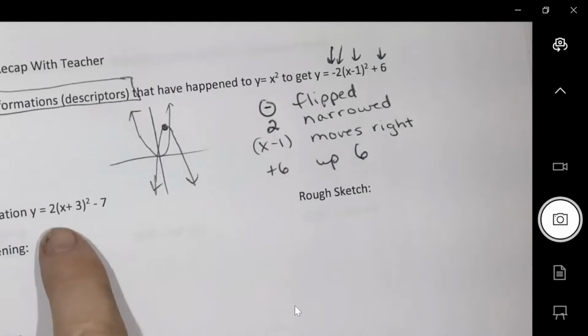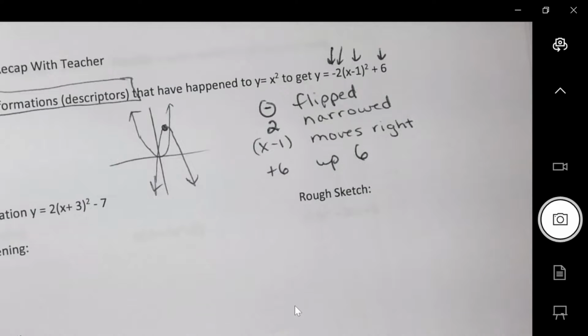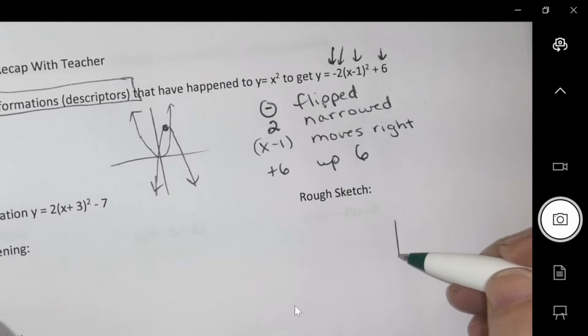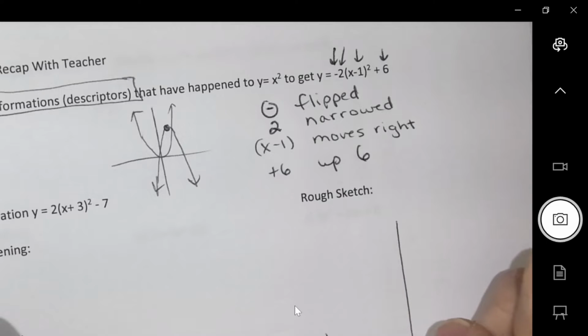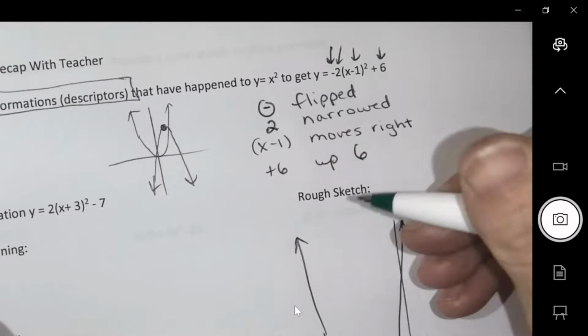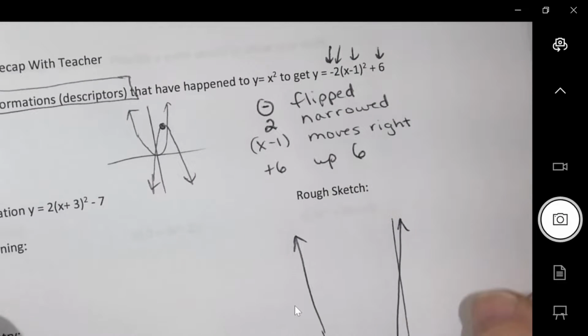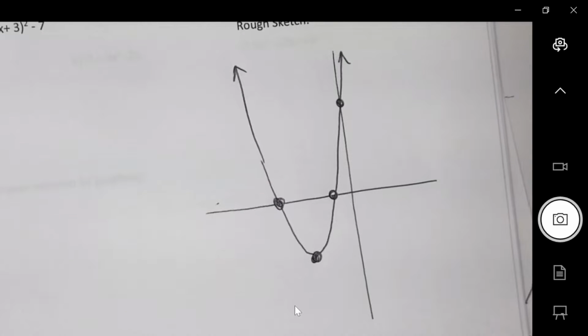Okay, next we're going to graph this, so just go ahead and type that one. So usually when I graph, I like to think about the vertex, and I like to think about the x-intercepts and the y-intercept.